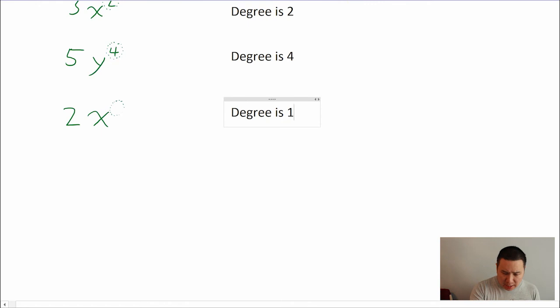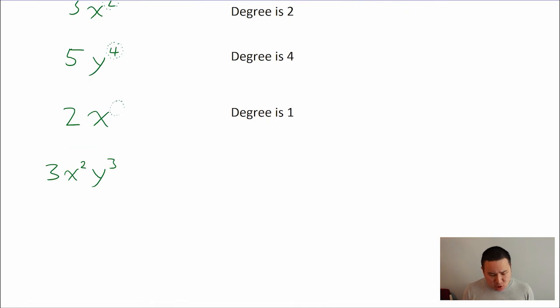Let's take a look at terms that have multiple variables. Let's take a look at something like this: 3x squared y cubed. We've got an x variable and we have a y variable. The degree is measuring how complicated, how stacked up this term is. So we've got x squared, so we have an x and another x.